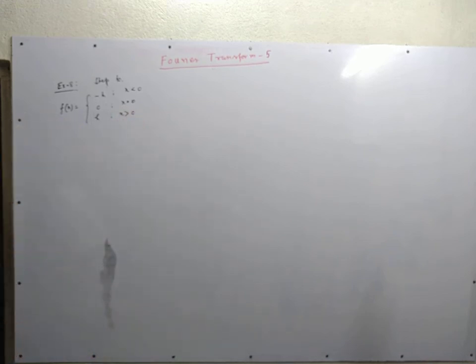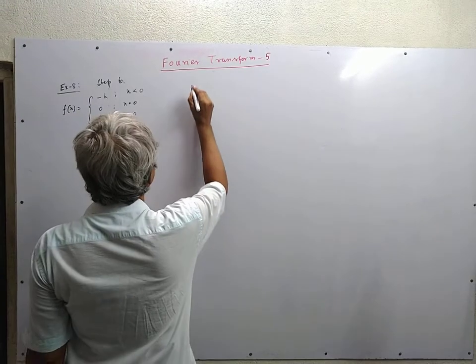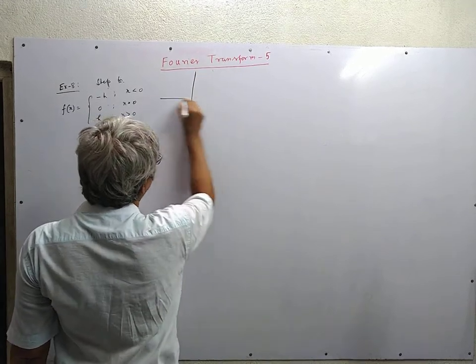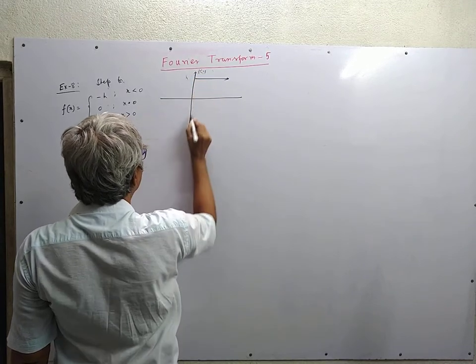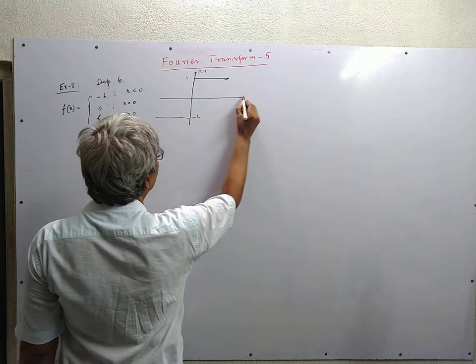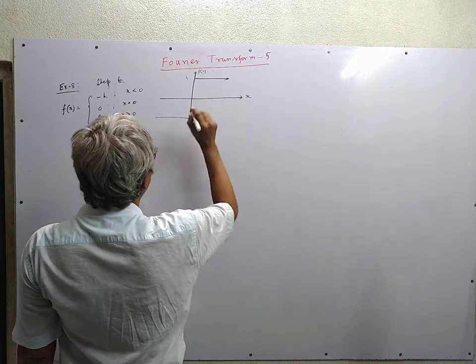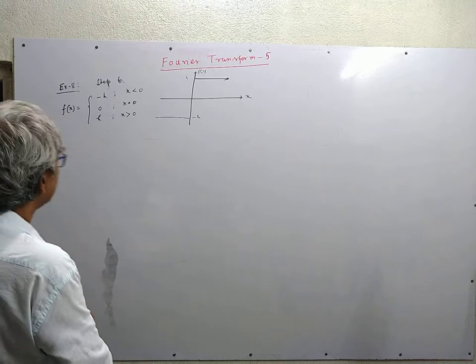And you see that the function has a discontinuity at x equal to 0. If we plot the function it is like this, and there is a discontinuity. Now come to the calculation of a of k.